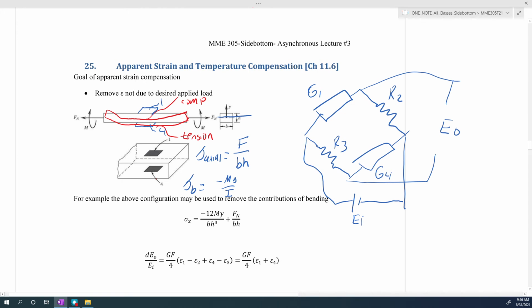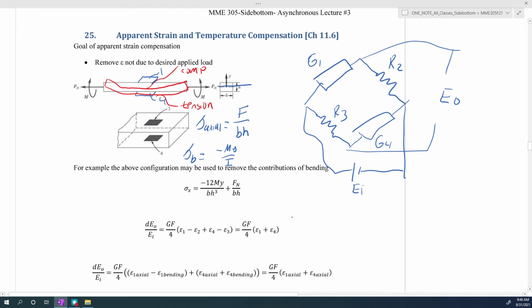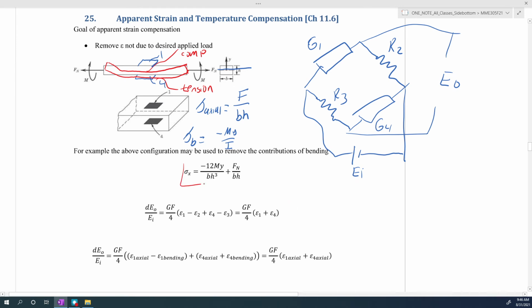We know that this is our stress equation for both the bottom and the top of the beam. For the configuration we've drawn on the top right, our equation for our output voltage due to the applied strain would be equal to this equation here, and since 2 and 3 are just resistors, these would be 0.